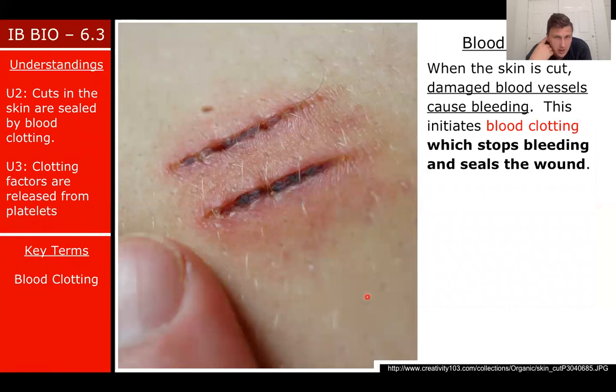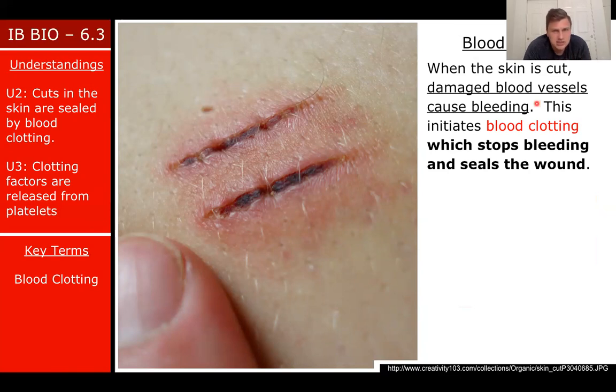So let's talk about blood clotting. Blood clotting only happens when you have damage to the blood vessels. So when the skin is cut, if you have damage to blood vessels, that causes bleeding, then blood clotting has to happen. Have you ever gotten a cut and you can see the cut, but there was really no bleeding?